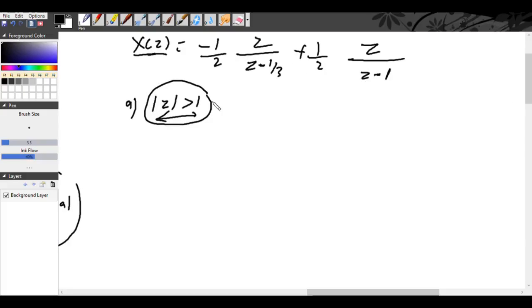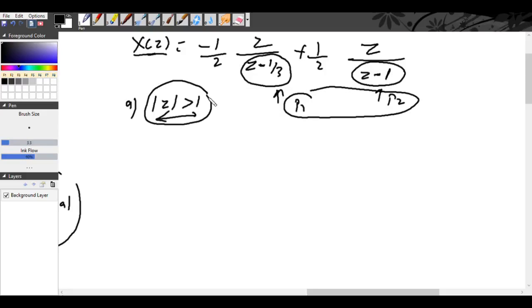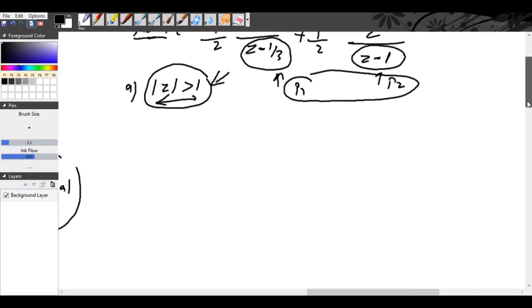Okay, so modulus of z greater than 1, and also I know the poles of these two terms. The poles are z equal to 1/3 and z equal to 1. So there are two poles in this equation, p1 and p2. So this is one piece of information. The second critical information is about the ROC, which they have given in the question.